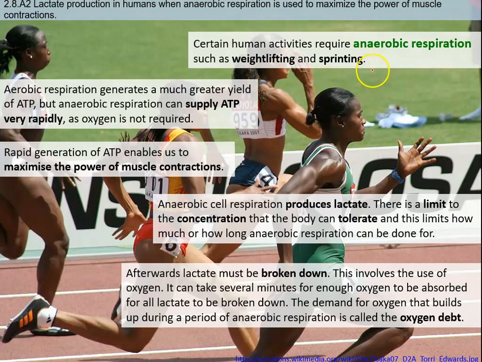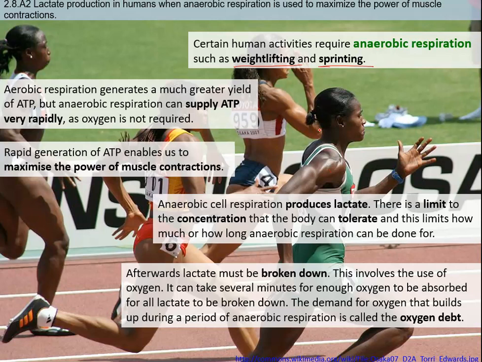Human activities use anaerobic respiration because of the immediate requirement for ATP. Weightlifting and sprinting are examples where you are using your muscle very fast and immediately, and the oxygen is not completely enough for those muscle cells.